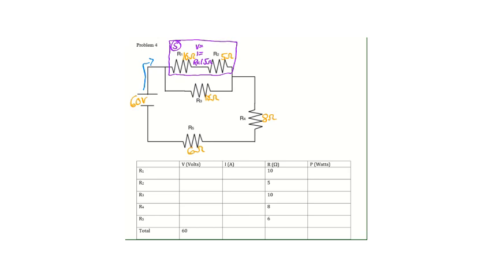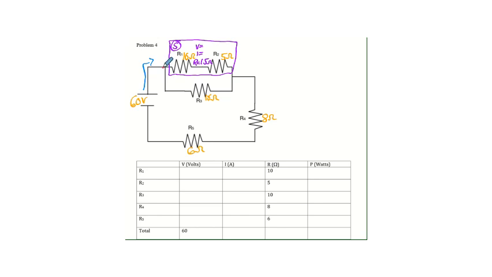Now that we have isolated R1 and R2 and are treating them as a single resistor, we go back to that first junction. At that first junction, we did have a choice. We could go through this purple box, or we could go through R3.